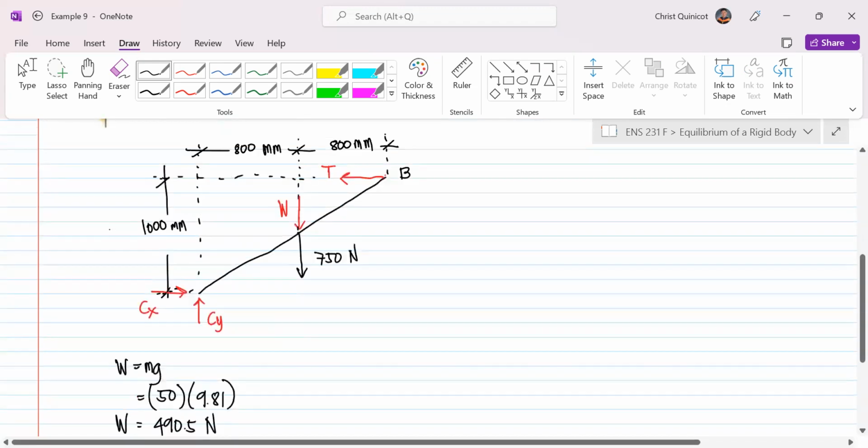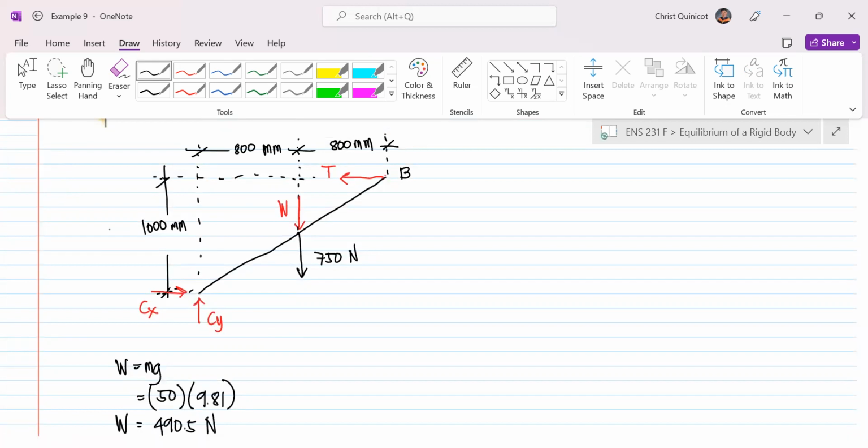The W and 750 all cause a clockwise moment about C, and tension is counterclockwise.